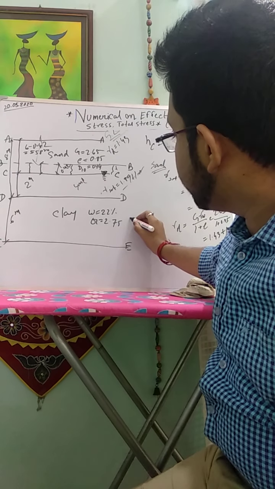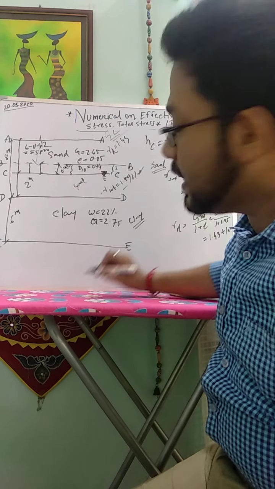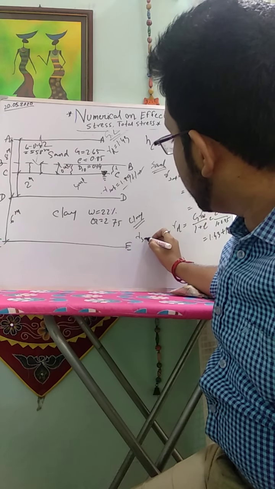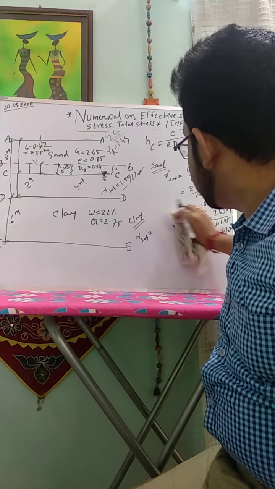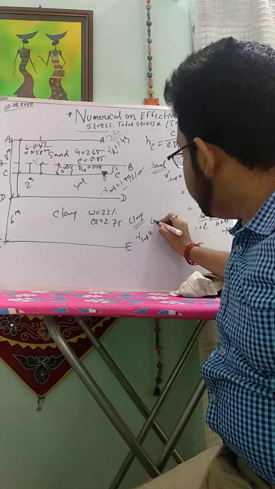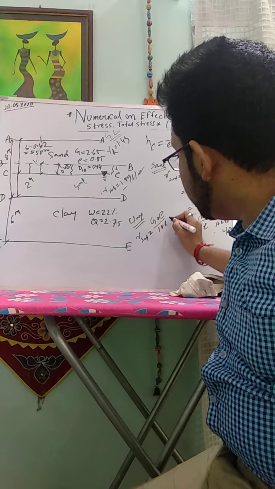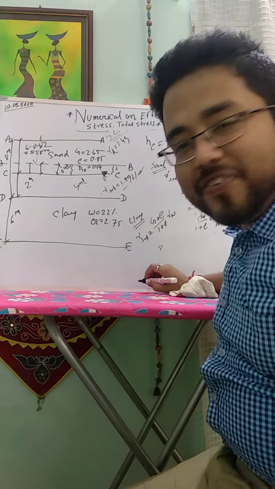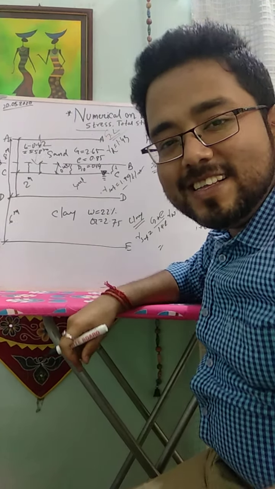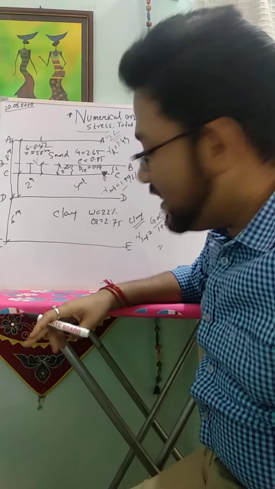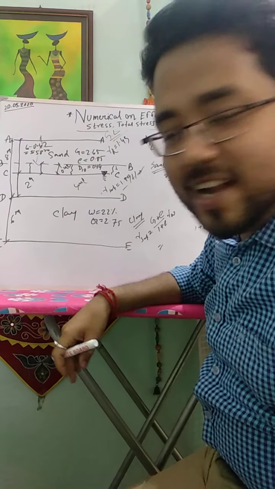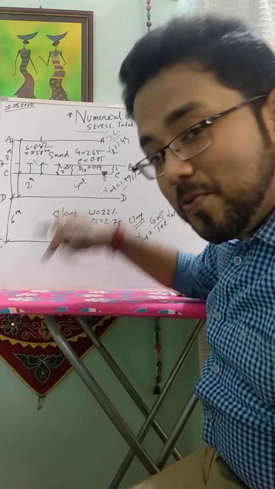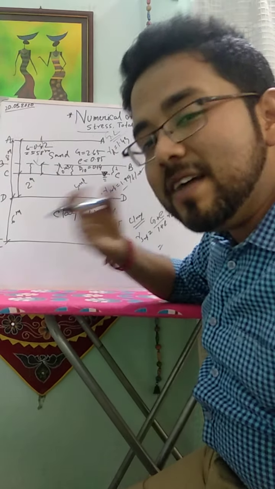Now clay. For the clay layer, the saturated unit weight for clay, we know, is (G plus e) by (1 plus e) times gamma w. Now when we find out the saturated unit weight, e has not been given. So we find e from our previous relationship.